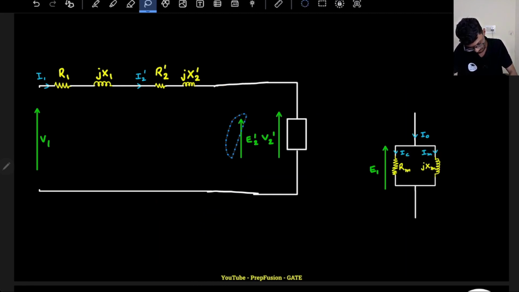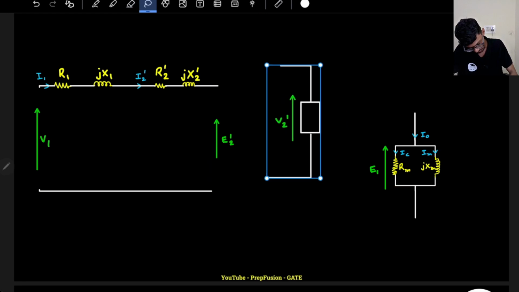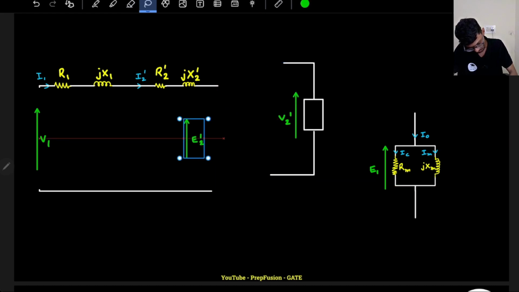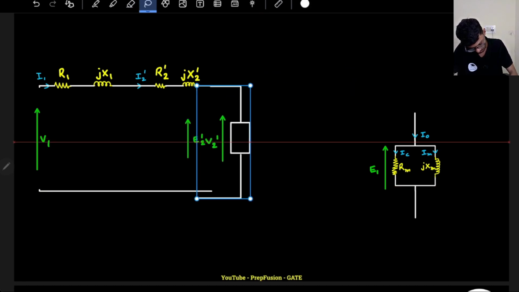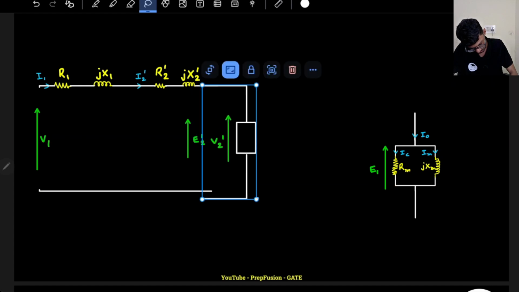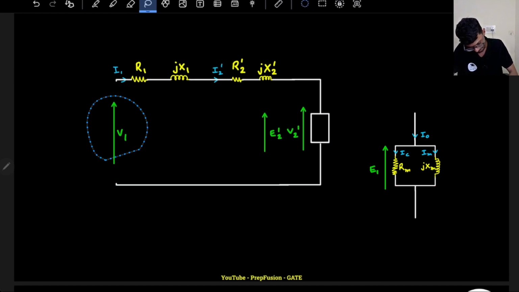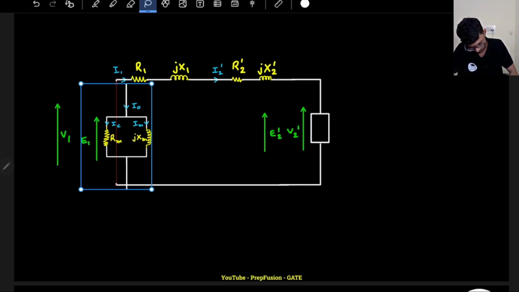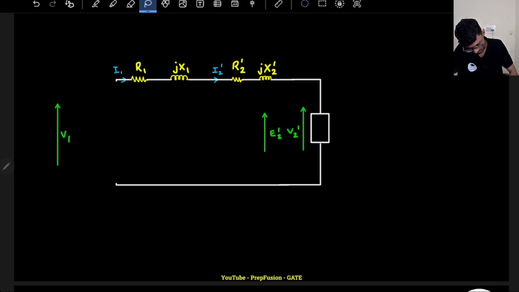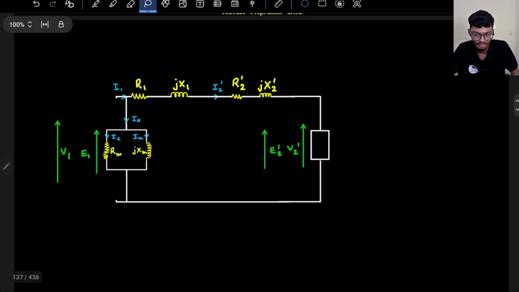So the load will still be here, this will be shifted, this will be here only. Okay, and totally shift this circuit here. So both ways it will not matter much.